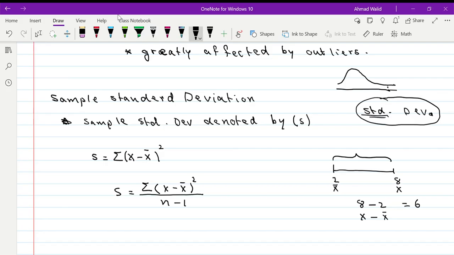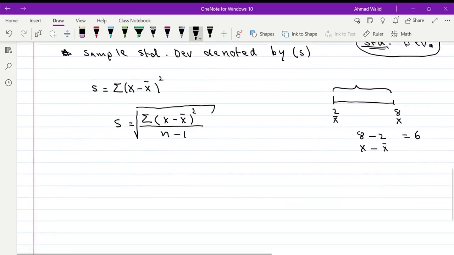To remove this square, this formula has a square root like this. This is the formula to find the standard deviation of a data set: S equals square root of sum of x minus x bar all squared over n minus 1.